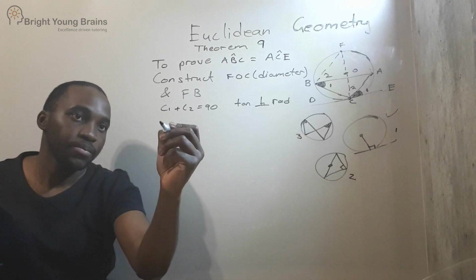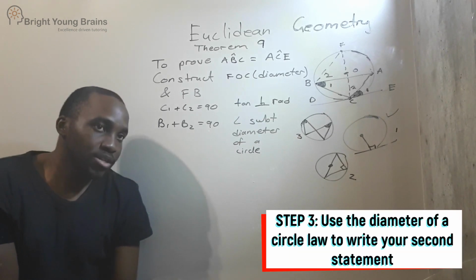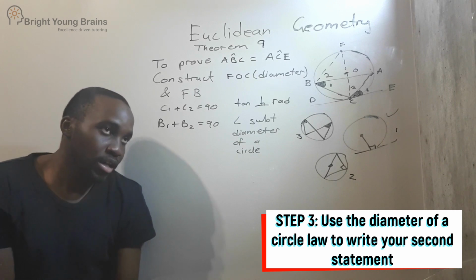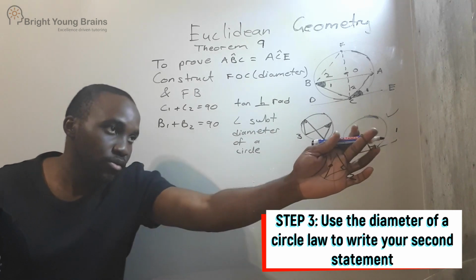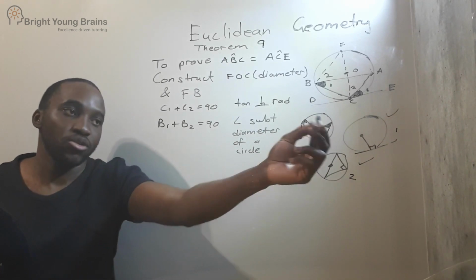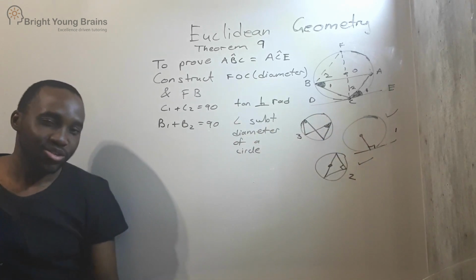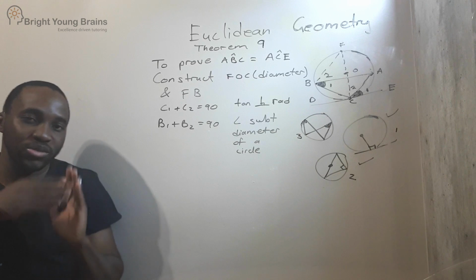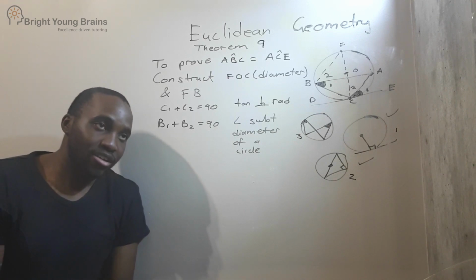So here, there we go. B1 plus B2 is equal to 90 because this is an angle that is subtended by the diameter of a circle. So we've used this law, now to make use of this one. And we said try and do it in that order so that you have some form of structure that you can always refer back to whenever you have a question like this one.